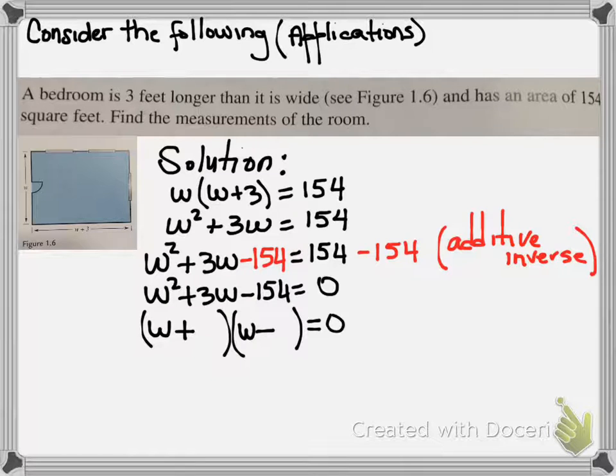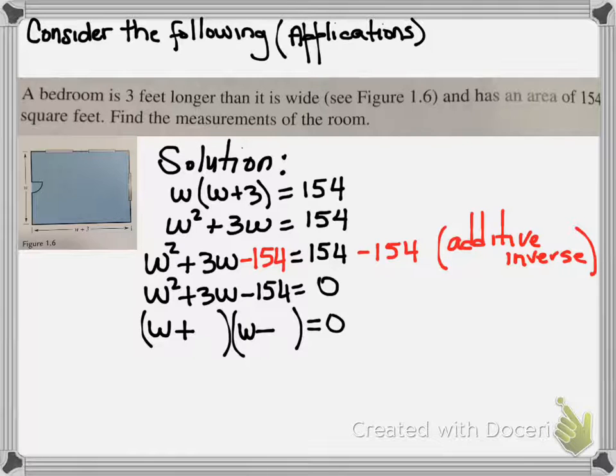Now, we need two numbers that multiply to give me 154, but when I take the sum of them, I get a positive 3.